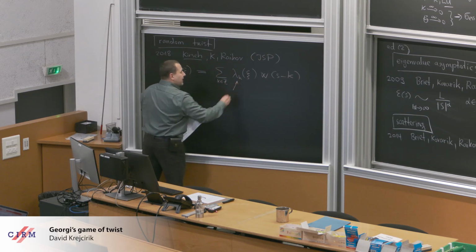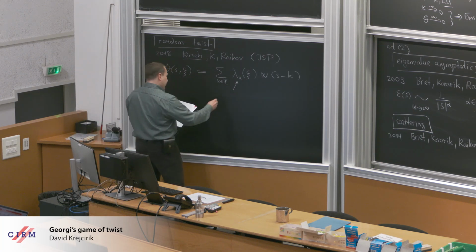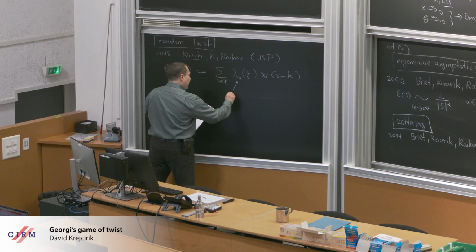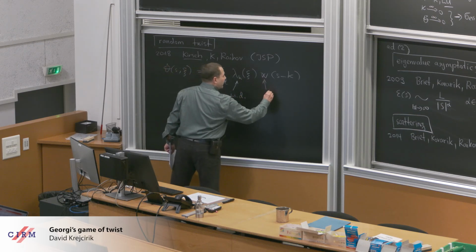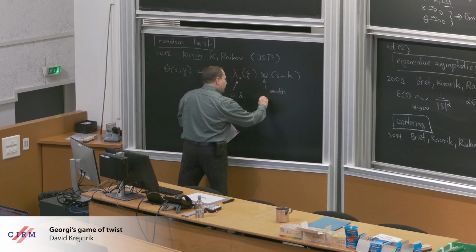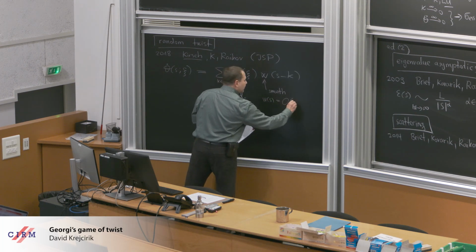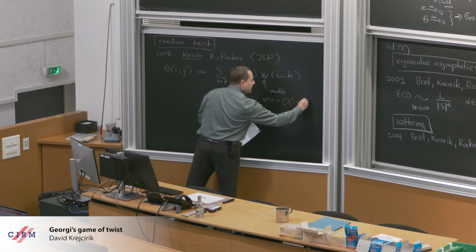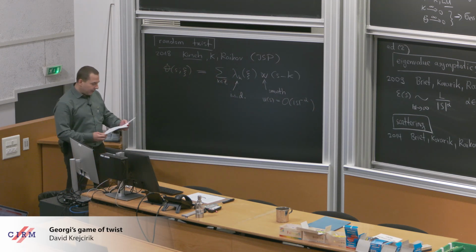So lambda k is an identically distributed independent variable, i.i.d. W is smooth. And we assume that it has some decay. So for large s, it behaves like 1 over s to the power alpha.